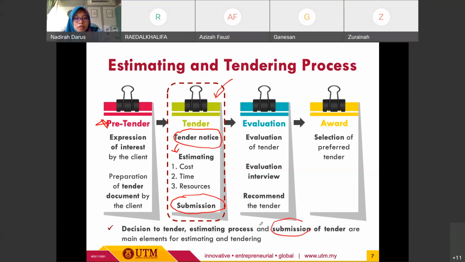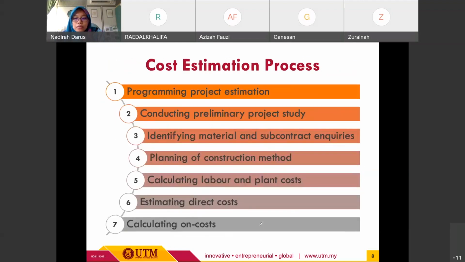All right, so the next one, we will go through the cost estimation process. The cost estimation process is another component, because during this process, many considerations need to be taken into account, as all of this relates to the cost.